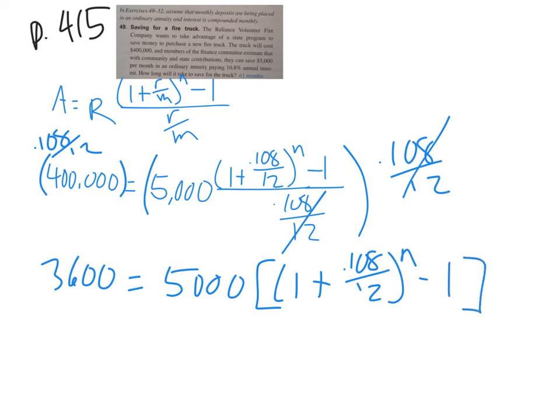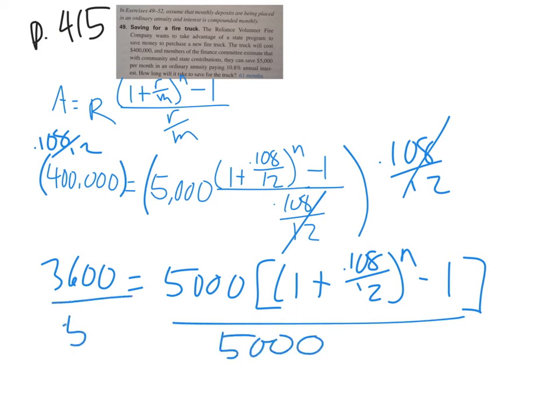So we got rid of our denominator. Next we need to get rid of this 5,000, so we're going to divide both sides by 5,000. It cancels out here. Over here I'm going to cancel two zeros so we can deal with smaller numbers: 36 over 50.